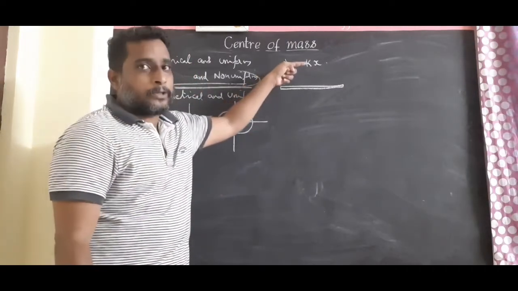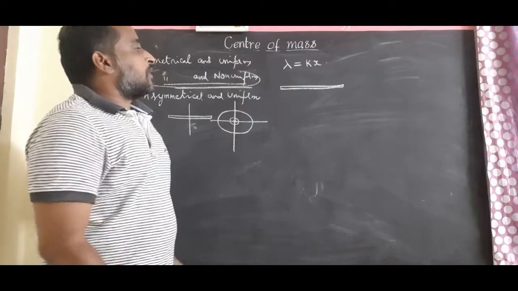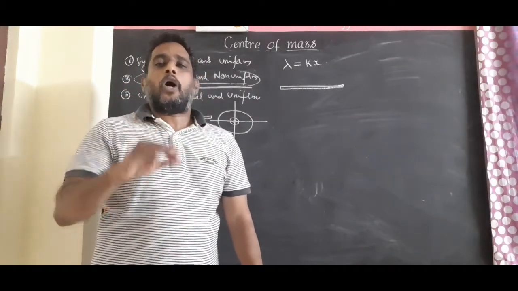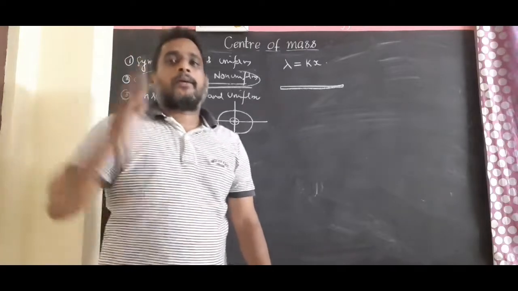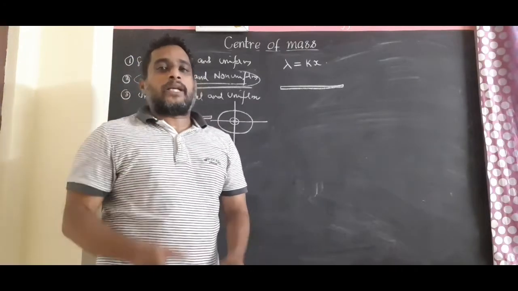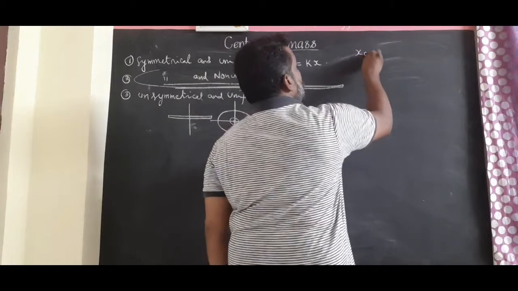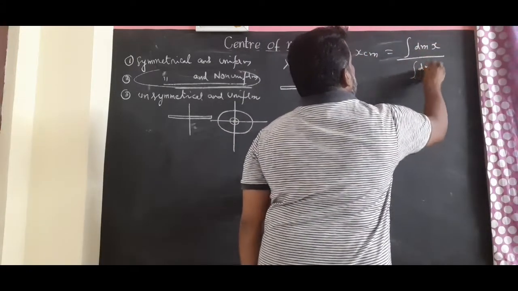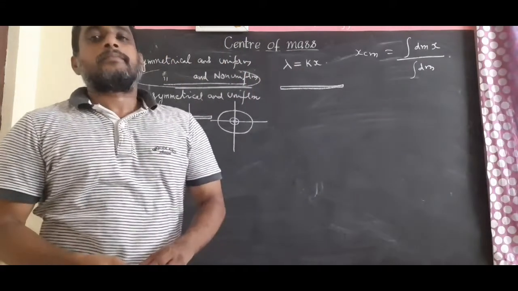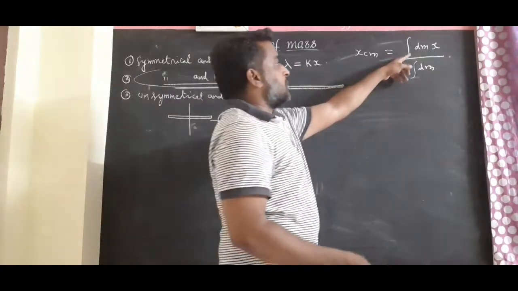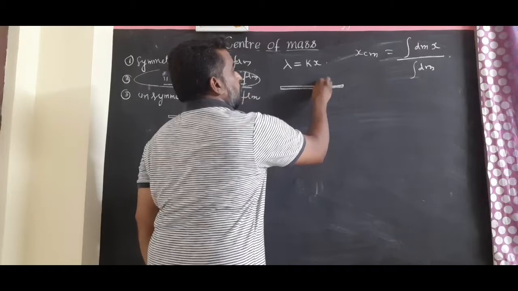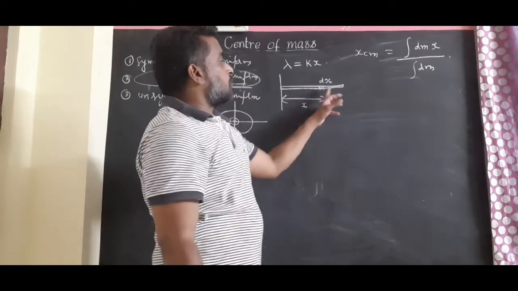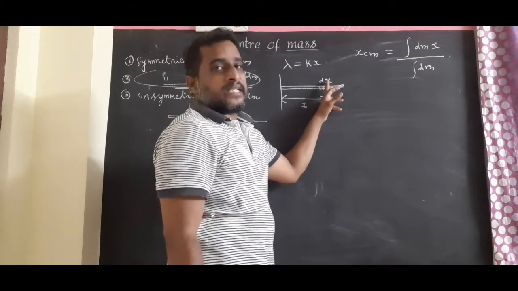Density is changing according to this equation. Whether it may be a uniform mass distributed body or a non-uniform mass distributed body, the x coordinate of center of mass will be calculated by using the same equation. xm will be equal to integral dm into x divided by integral dm. Here dm represents the mass of this small element we are constructing, the mass of this element of length dx.